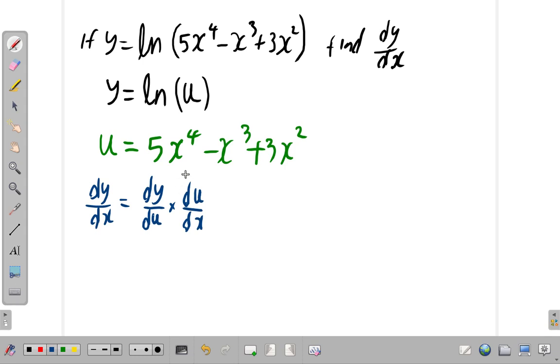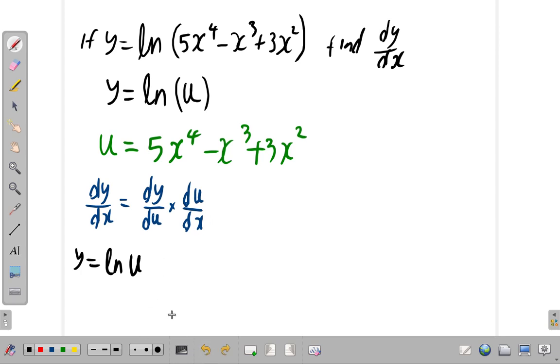Alright, so we want to find dy by du. Looking at this, since y is equal to ln u, you know that when you find the derivative of ln of something, you end up with 1 over that something.